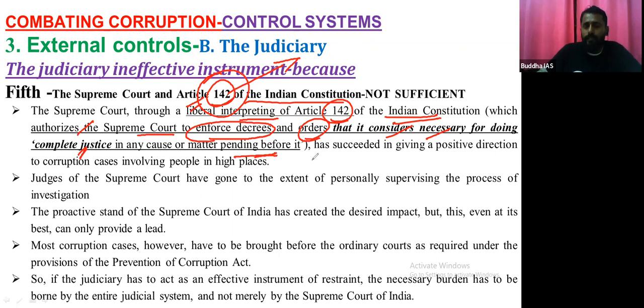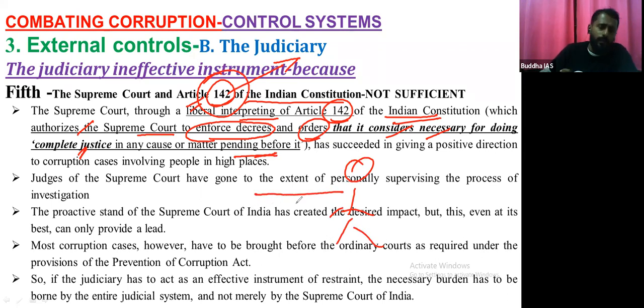So the crux here is that the Supreme Court can order the person who is executing the things to see that what it considered necessary should be done for complete justice. Say, for example, there is some case with respect to an individual.